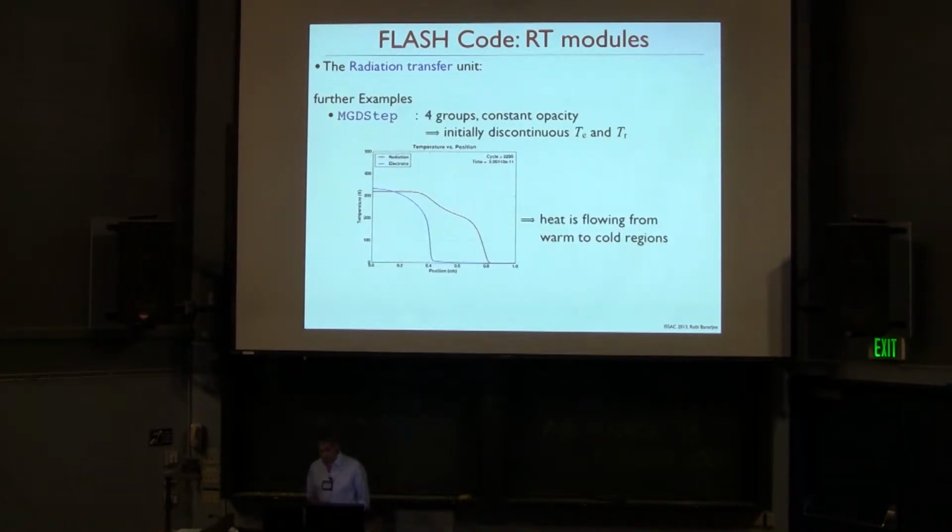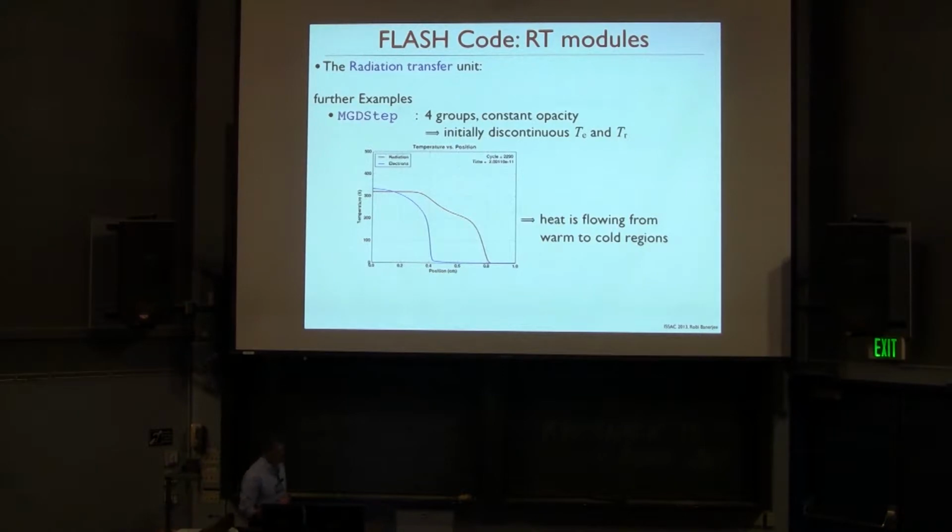But there's also an example for 4 groups, 4 different frequencies, and so this is essentially a time evolving problem. So you have a step function in the temperature, and of course eventually heat should flow from warm to cold regions.